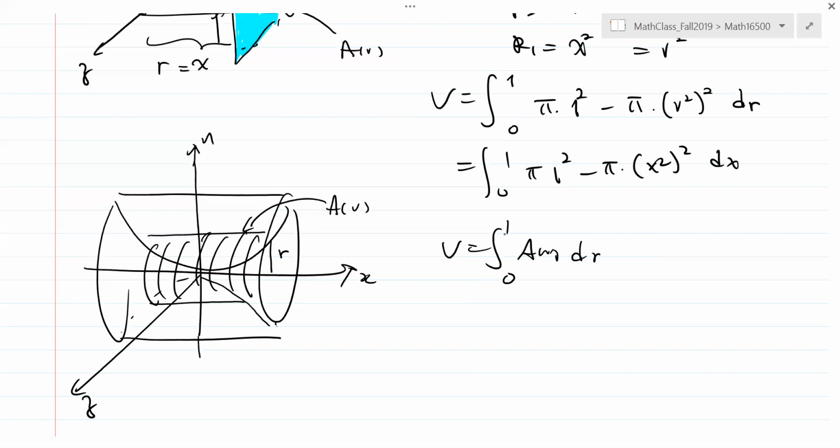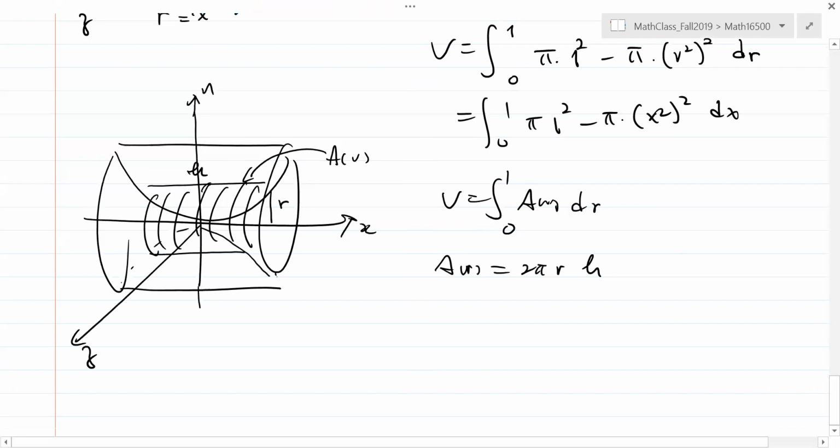Then the surface area of the cylinder, I know how to calculate. If I know this h, then A(R) is going to be 2 pi R h. So if I'm able to express h in terms of R, I'm done. But how to get h? Look at this particular point. Y is here, X is here.